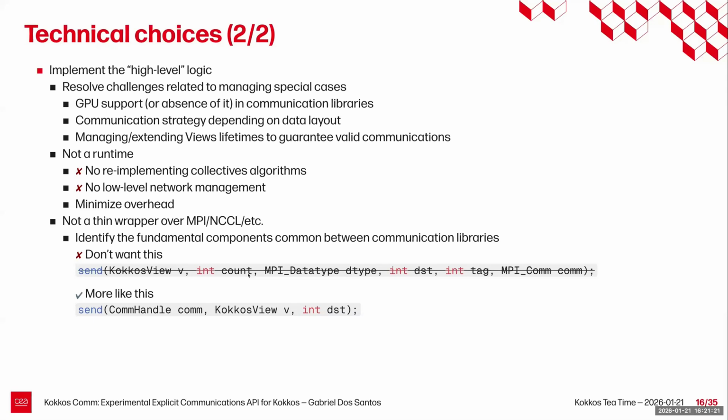With the view, we can determine the count and the data type automatically at compile time, so that can be removed from the API. We are also able to do MPI communications without tags, so we remove those as well. And for example, in NCCL, you don't have tags anyway. So it allows us to have a generic API that works with different communication libraries.